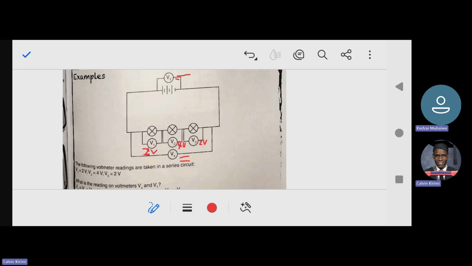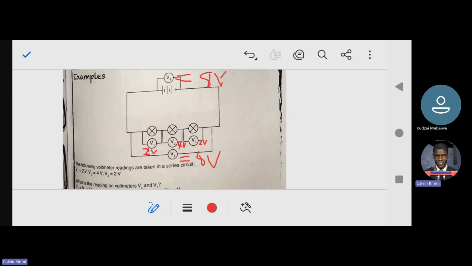That's correct. And then V total at the top here, what is V total? 8 volts also.